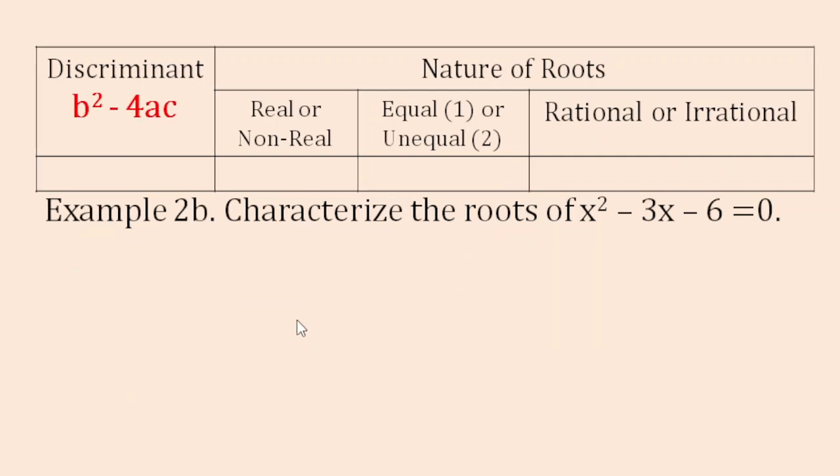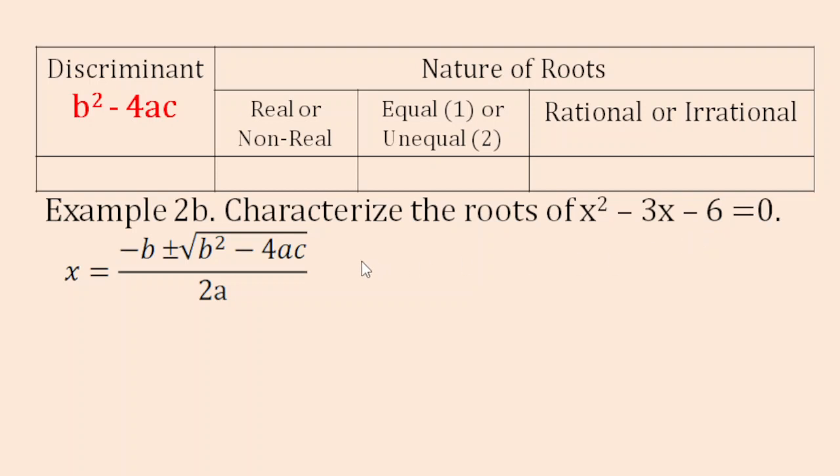Example 2b. Characterize the roots of x squared minus 3x minus 6 equals 0. Again, this is our quadratic formula. A here is 1, B is negative 3, C is negative 6.